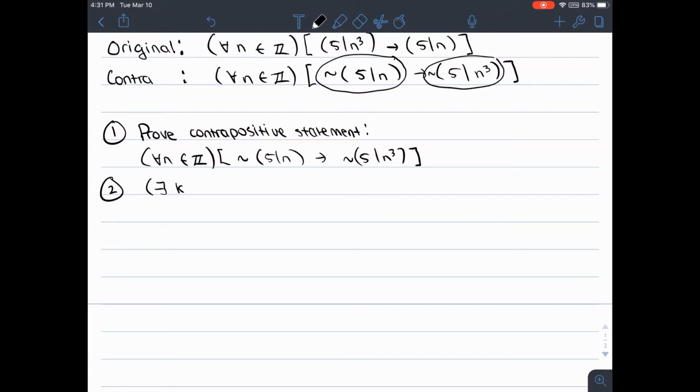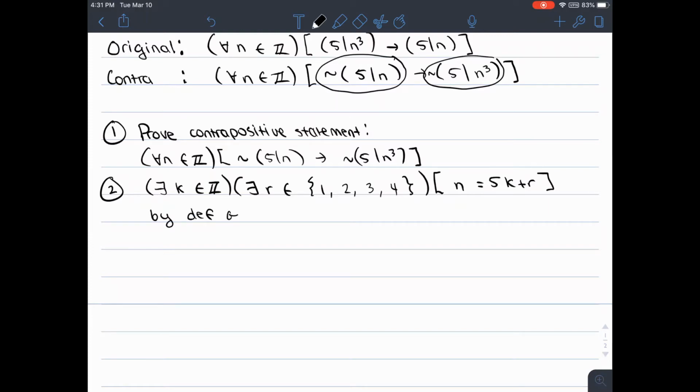There exists a k element of integers, and there also exists an r element of {1, 2, 3, 4}, such that n is equal to 5k plus r. This is by the definition of Euclidean division or the quotient remainder theorem.